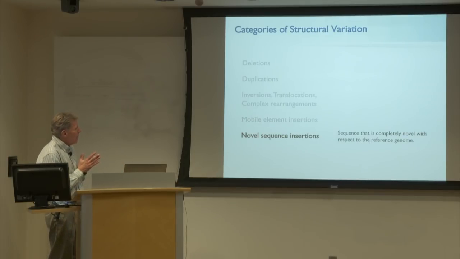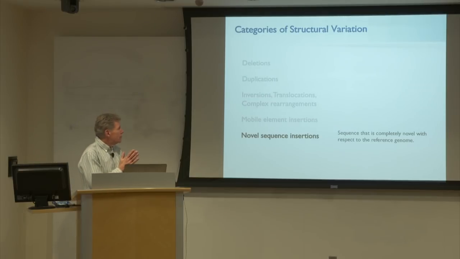Sometimes we also talk about novel sequence insertions as opposed to duplications. This depends a little bit on the technology we're using to ascertain. If you're using long reads, we tend to just treat insertions as insertions without thinking about whether or not they look like other parts of the genome. When you're doing something that's more alignment-based, it's easier to detect a duplication of the existing sequence as opposed to reads that just don't map anywhere on the human genome.